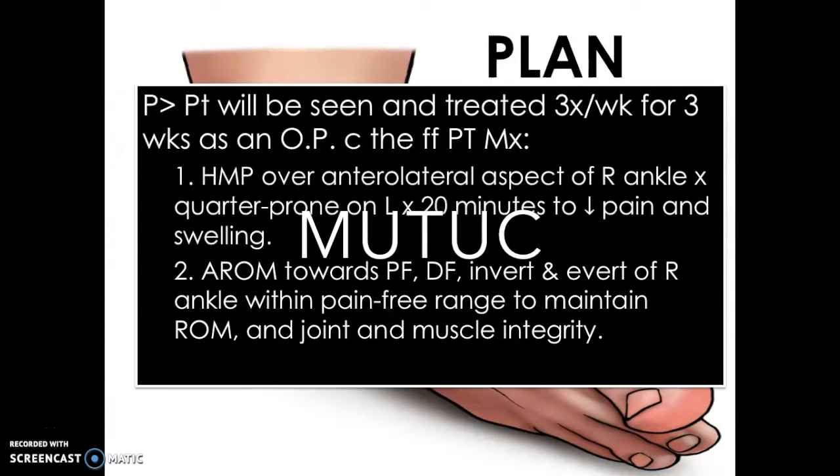Now for reporting the plan. For the plan, it's important to note that the patient is in the subacute phase of healing with pain and swelling on the lateral aspect of the ankle. To address that, hot moist packs will be used for 20 minutes. Next, to maintain ROM and joint and muscle integrity, ROM will be used in all planes of the right ankle.